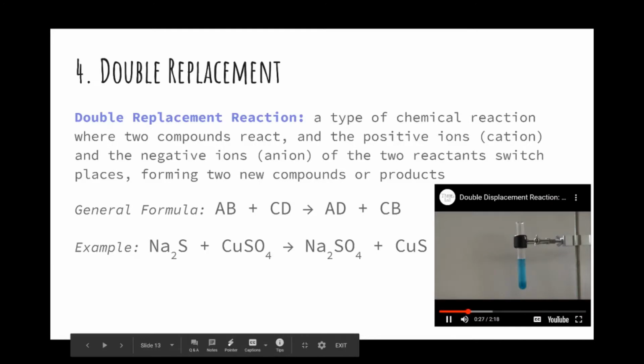sulfate, probably about 0.5 grams, into about 5 milliliters of water. I have here an approximately 0.1 molar solution of sodium sulfide in water. I will now drip the sodium sulfide solution slowly into the test tube. You can immediately see a dark precipitate of copper sulfide.